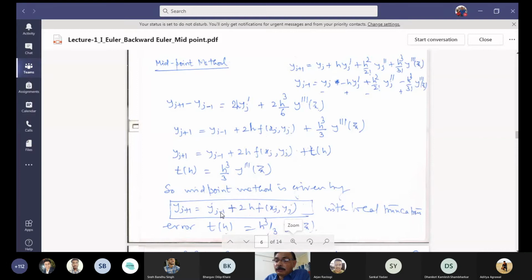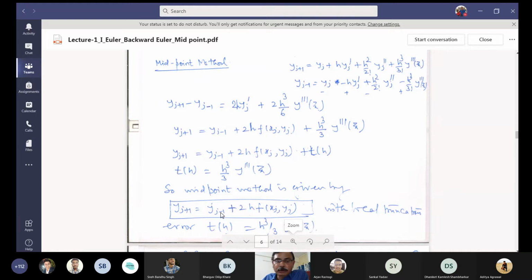You have to start with x naught. Y minus 1 is not known to you. It is beyond your domain. So you cannot start with j equal to 0. So this you have to calculate somehow using some other method.